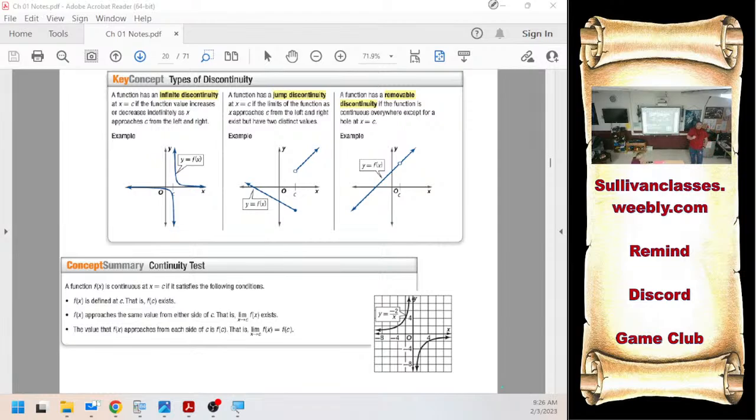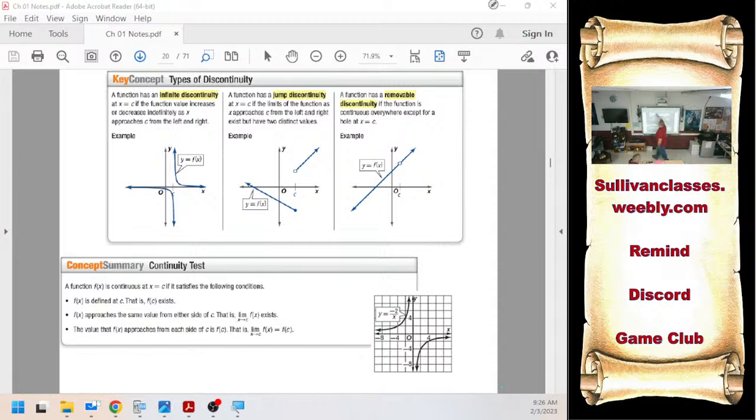If something is discontinuous, I have to pick up my pencil to go somewhere else. Maybe there's a dot because it only exists here. Maybe there's a hole and I keep going. Maybe there's an asymptote, but I have to actually pick the pen up because there's a part of the domain that doesn't exist.